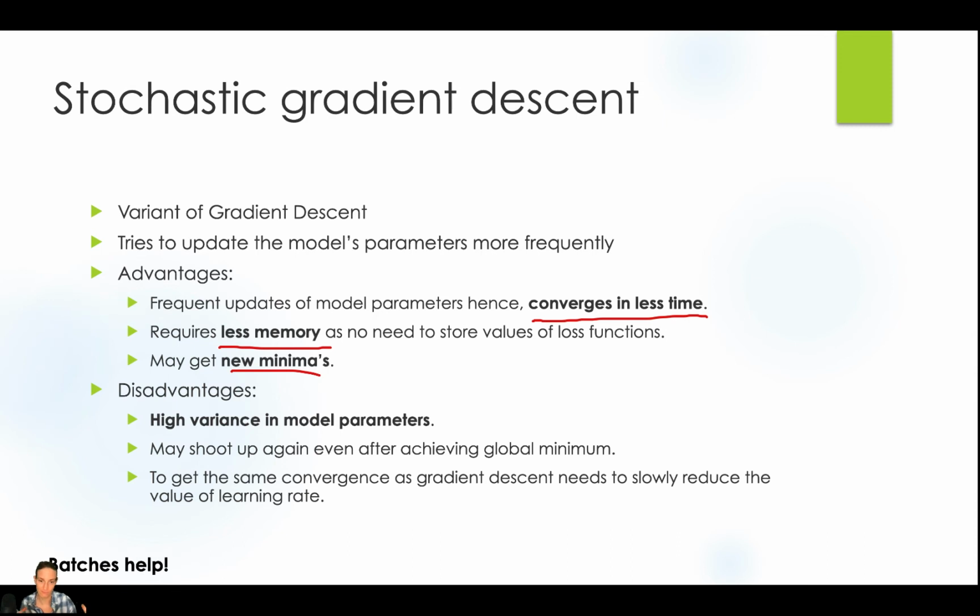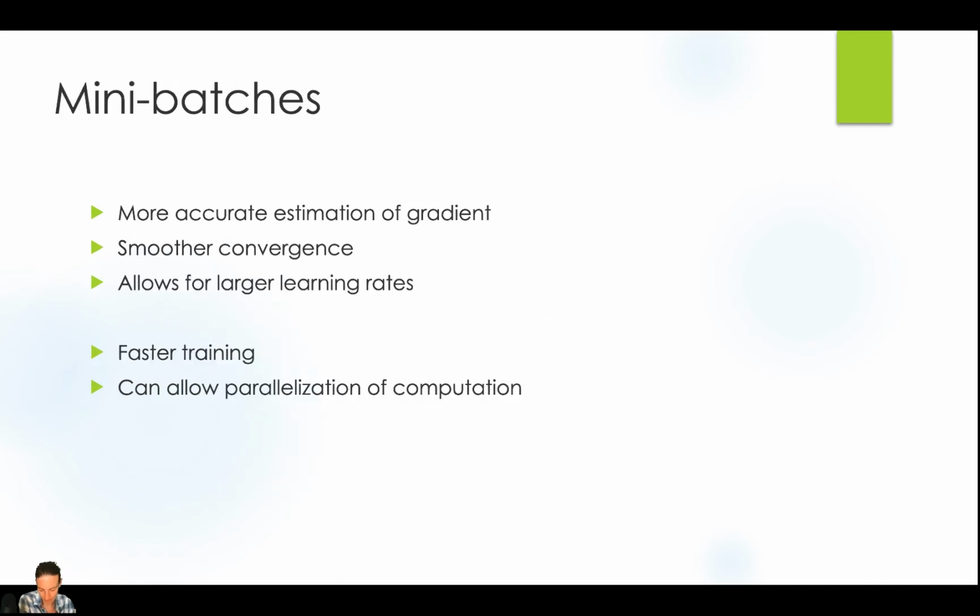So that's sort of a balance, that it might temporarily go out of the global minimum. So to get the same convergence as the gradient descent, we need to slowly reduce the value of the learning rate. So by using these mini batches, we get a more accurate estimation, smoother convergence, all good things, basically. We can even parallelize the computation.